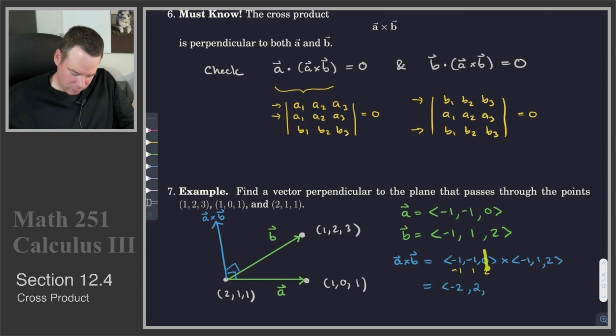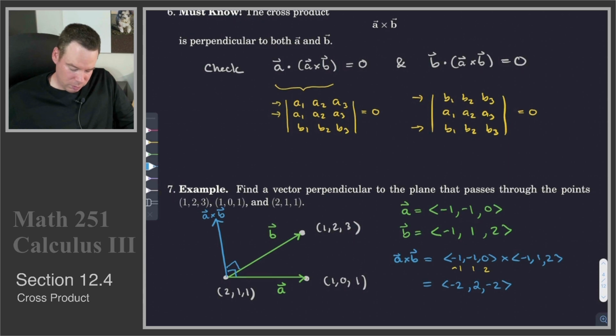And lastly, we cover up this third column, and we get negative 1 times 1, so that's negative 1, minus the product of these two, which is 1. So we get negative 1 minus 1, that's negative 2. And so there is our cross product.